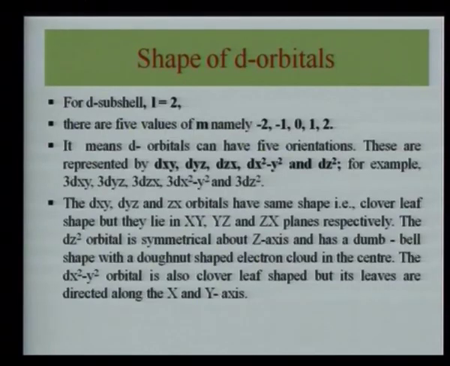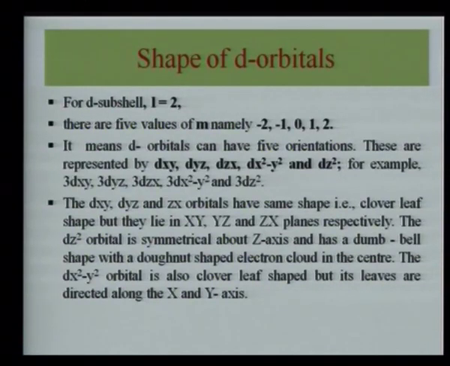Now, the shape of d orbitals. For d orbitals, l is equal to 2, and there are 5 values of m, namely -2, -1, 0, +1, +2. It means d orbitals can have 5 orientations. These are represented by dxy, dyz, dxz, dx²-y² and dz².